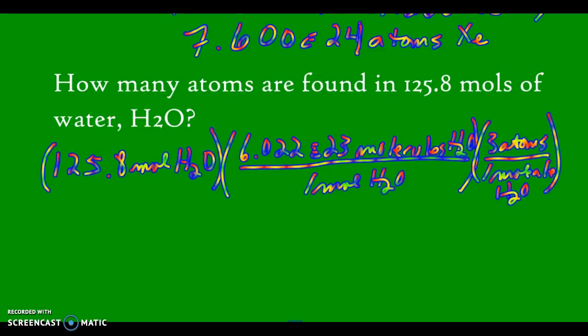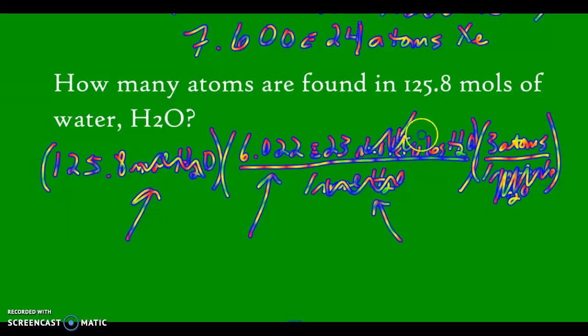Okay, we start with our 125.8 moles of water. We convert it to molecules by having 6.022, Avogadro's number, times 10 to the 23rd molecules of water over 1 mole of water. Moles cancel. Notice now our units are molecules of water. And there are 3 atoms, 2 H's and 1 O, in 1 molecule of water.